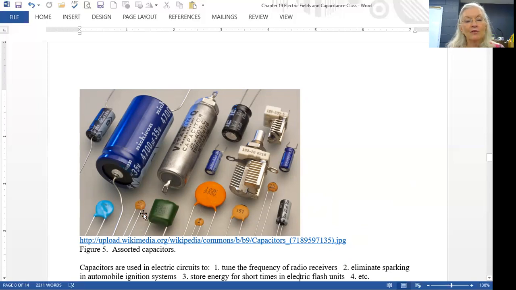You can see the little flat ones that look like a wafer, and these are tunable capacitors. They have little metal fins that can be moved into and out of that'll change the value of the capacitor. And then you have these standard cylinder size ones. These are all relatively small. But anyhow, an assortment of capacitors in our photograph.